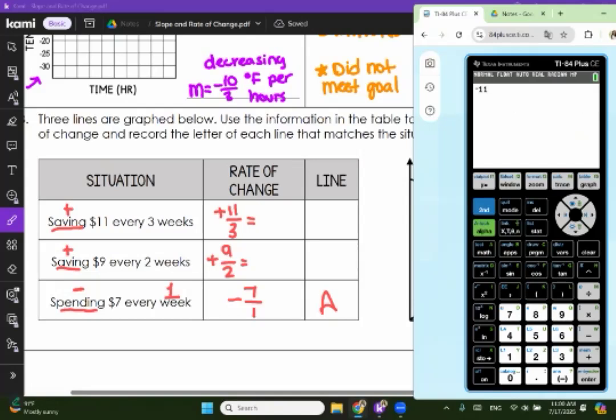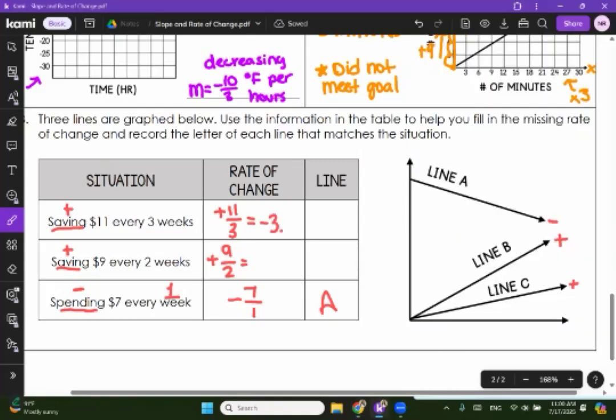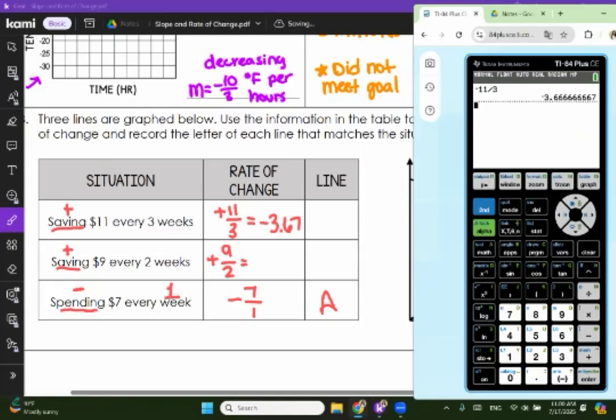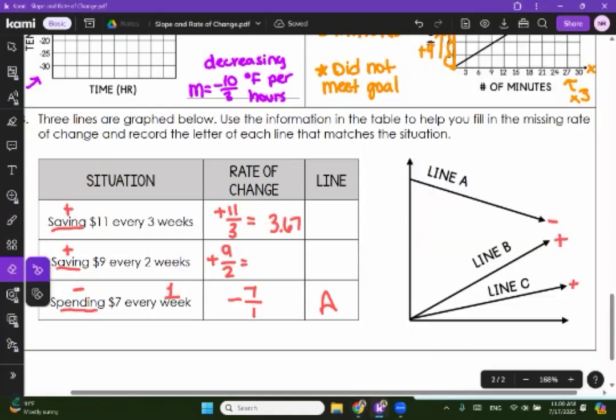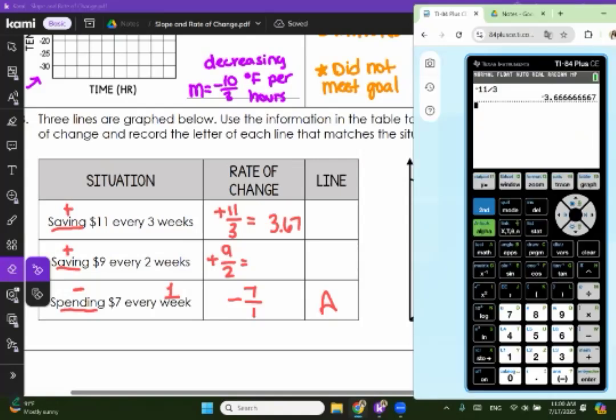So 11 over 3 gives us 3.667, right? Just did some rounding there. Oh, it's positive. I don't know why I typed it in as a negative. And then we have 9 over 2. 9 over 2 is 4.5.